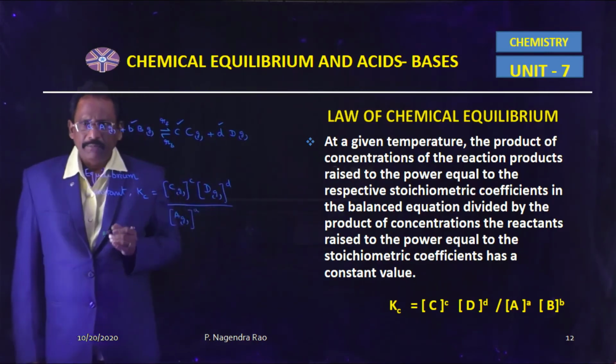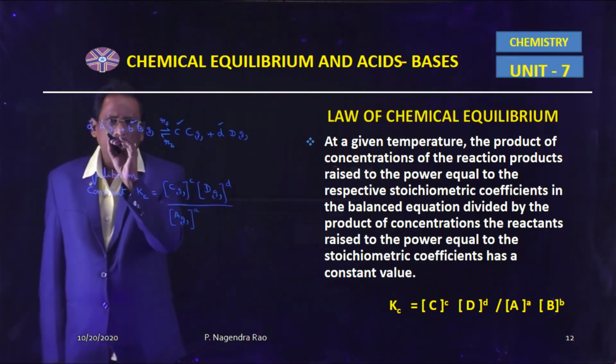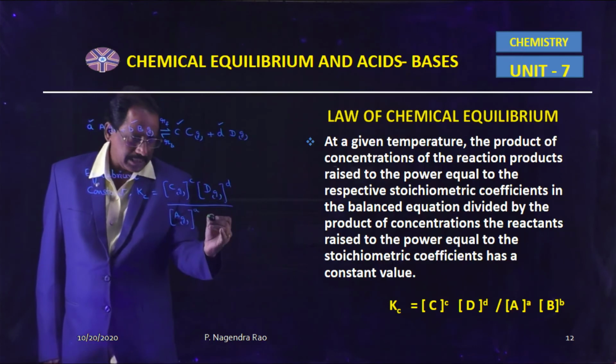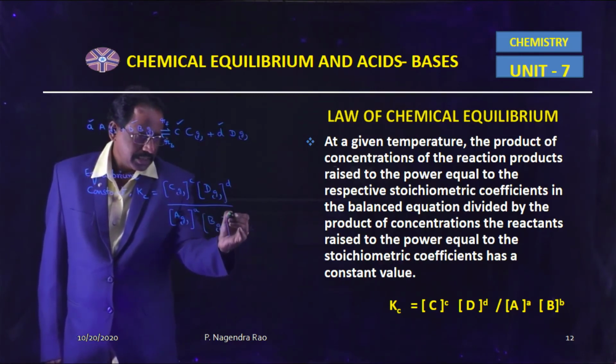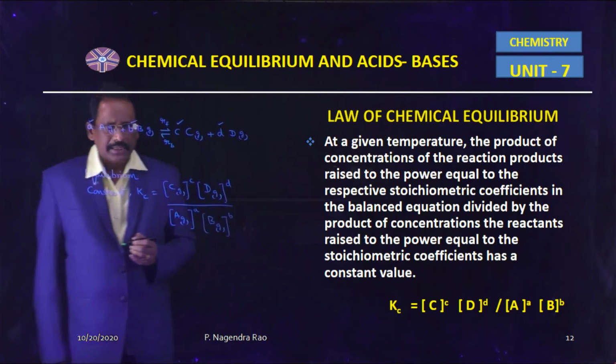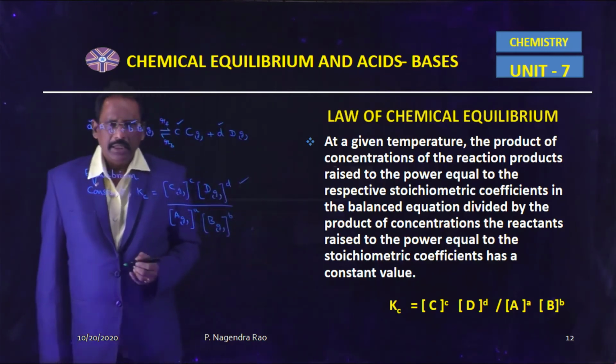In this example, the stoichiometric coefficient is small a for A gas and small b for capital B gas. So this is the meaning of the law of chemical equilibrium.